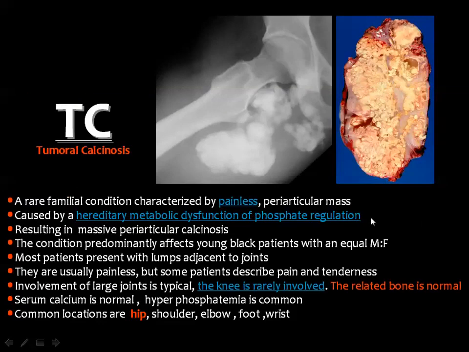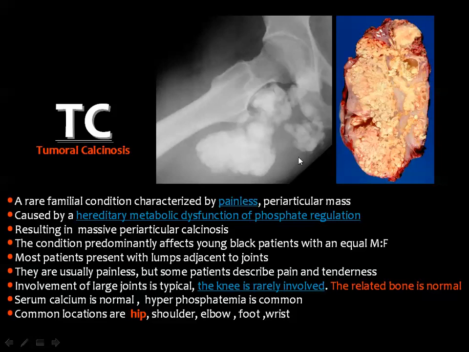Tumoral calcinosis is a rare familial condition characterized by a painless, periarticular calcified mass. The deposition of calcium is caused by hereditary metabolic dysfunction of phosphate regulation.